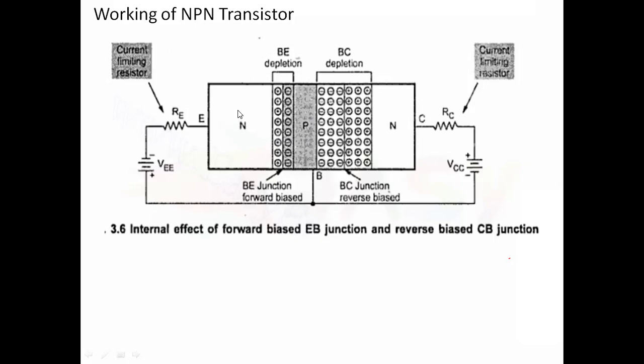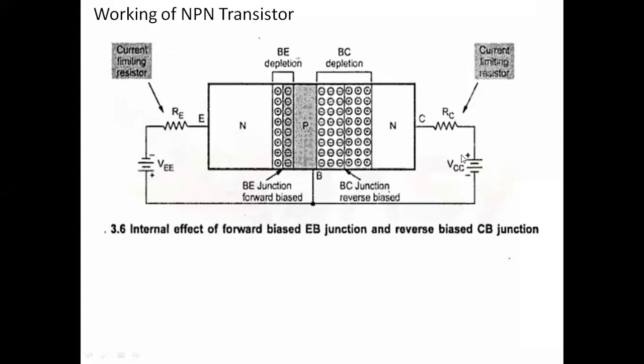Suppose 100 electrons are coming towards the base region, whereas here we have 2 holes present. Then what happens? Out of 100 electrons, 2 electrons will be recombined with the holes, and the remaining 98 electrons will move towards the collector, because on the collector side we have a positive potential.